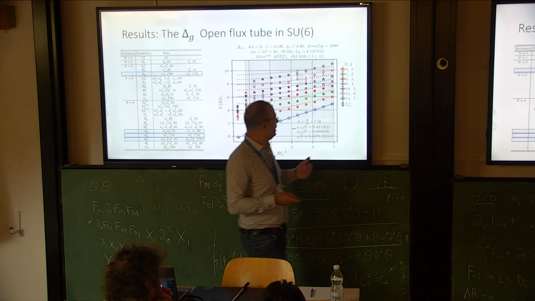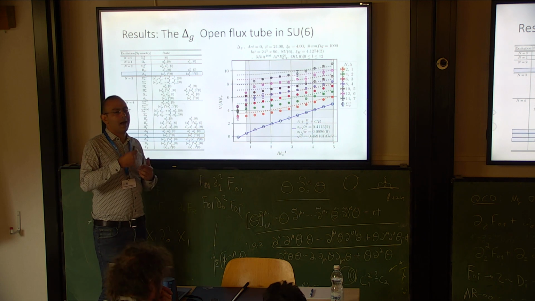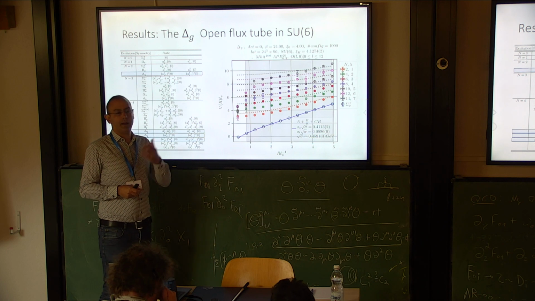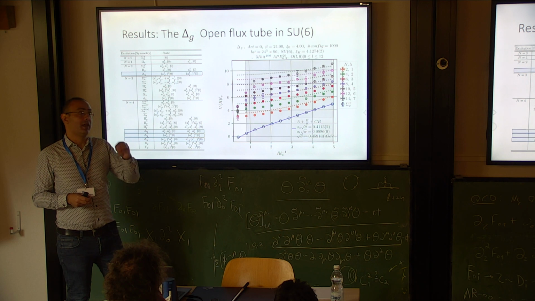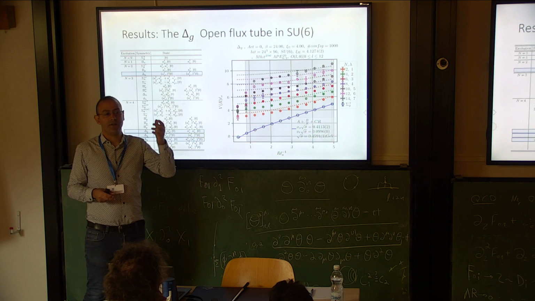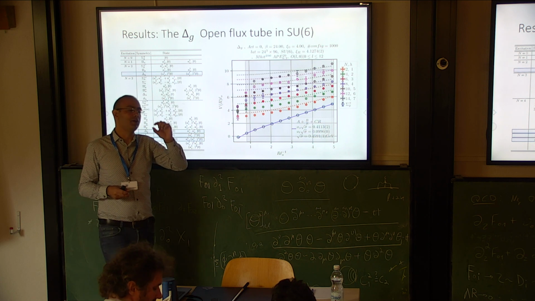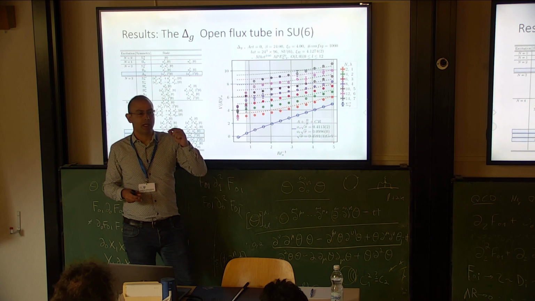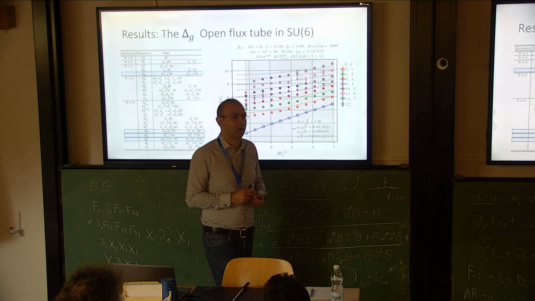For instance, here in 2+1 dimensions, we could also extract highly unstable flux tube spectra, like the k=2 symmetric representation, or the k=3 mixed and symmetric representations, and there we saw that for the mixed representation and the symmetric, the string tension is actually consistent with Casimir scaling.